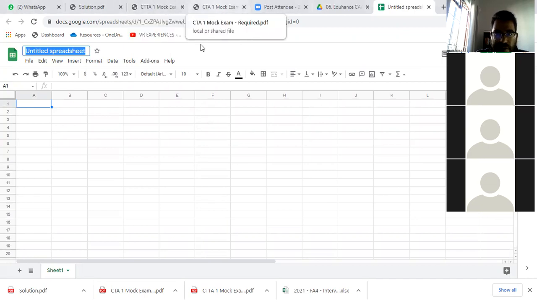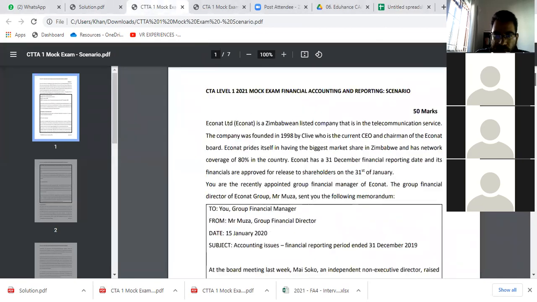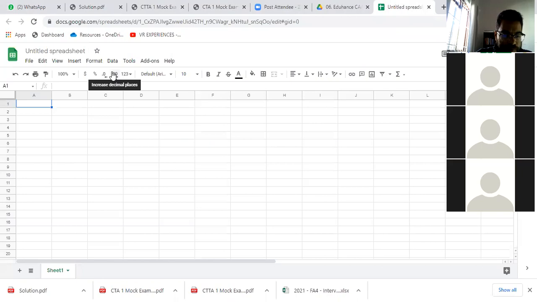Oh, it's just a mock exam, so I just want to name it properly. FAC 2021 mock exam, that's sufficient. So we're doing required B.